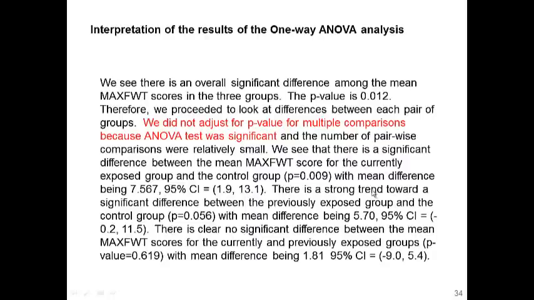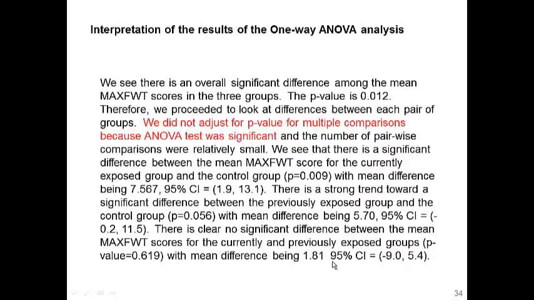There is a strong trend towards significant difference between the previously exposed group and the control group, although this was not statistically significant. And there is no clear significant difference between the mean max scores for currently and previously exposed groups, and the p-value is 0.619, with the mean difference being 1.81.